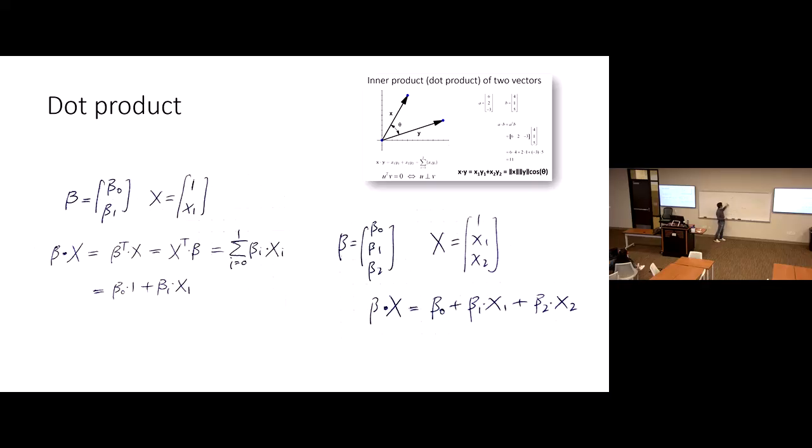You don't change the input, because that's your training data. You change your beta values to give different predictions of y. You try different combinations until the result of this dot product approximates y, okay?